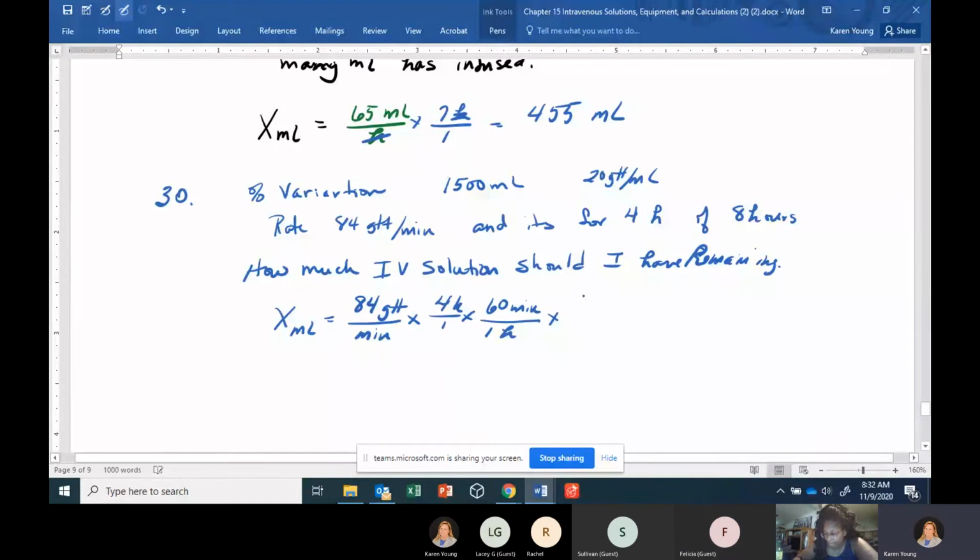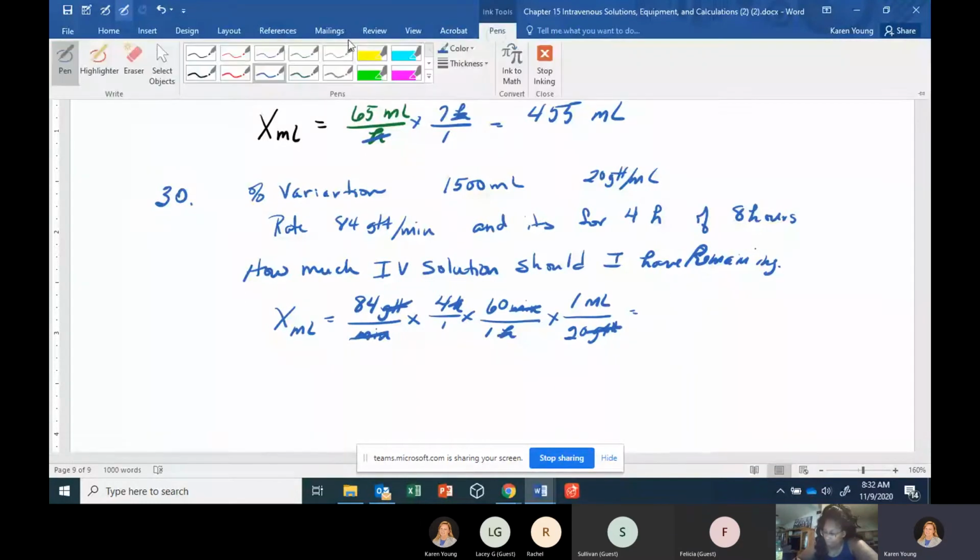And then I've also got to have my drop factor in here. So I'm going to write it upside down, because I've got drops on top and I'm looking for milliliters. So 20 drops goes on bottom. So my minutes cancel, my hours cancel, and my drops cancel.